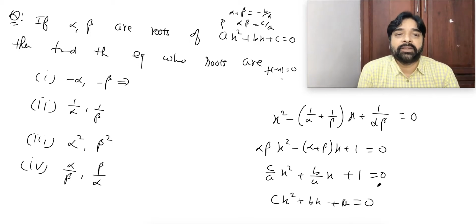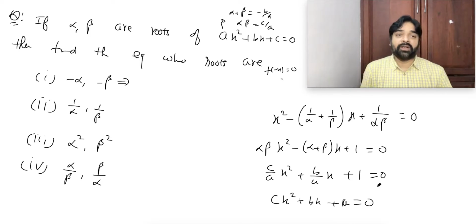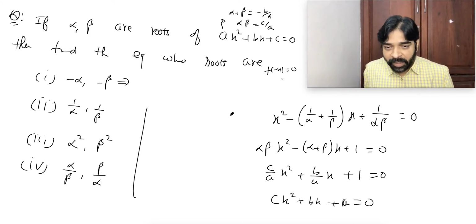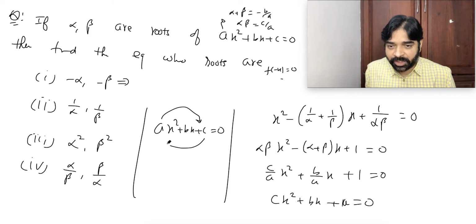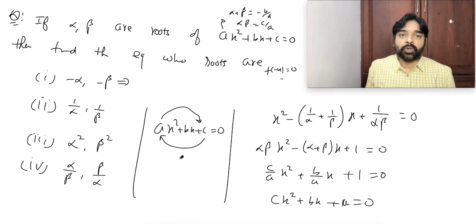Is it right? cx square plus bx plus a equal to 0 will be the equation whose roots are 1 by alpha and 1 by beta. This is one more lesson we learn from here. In any quadratic, if these get interchanged, roots will become reciprocal.